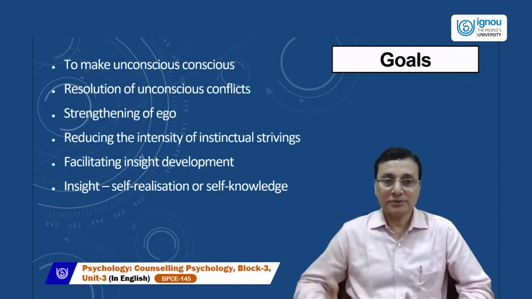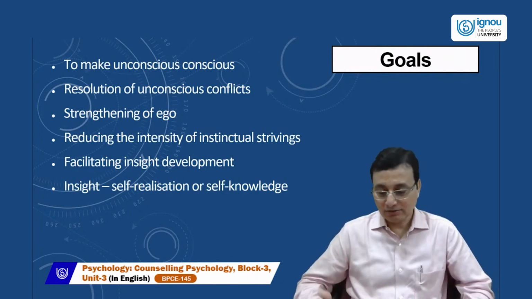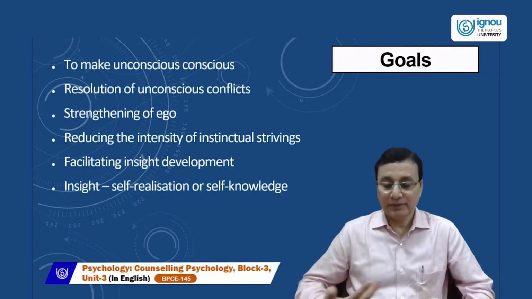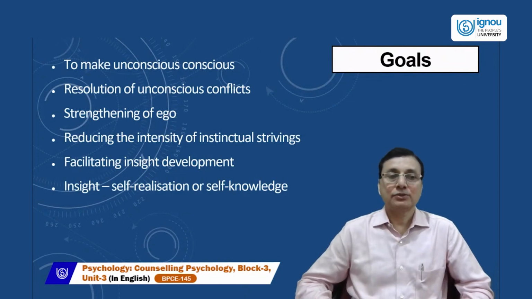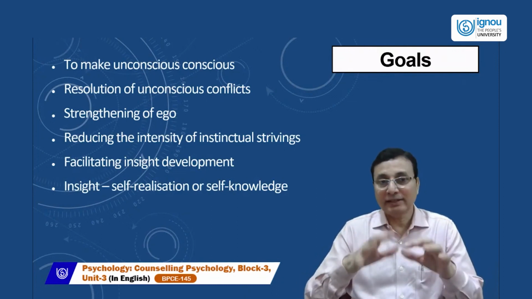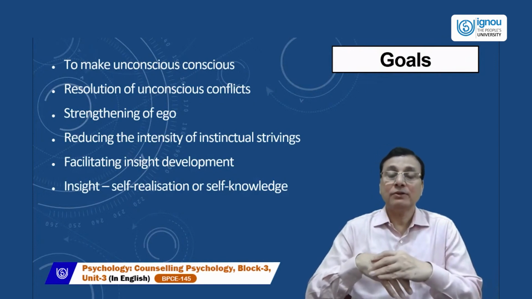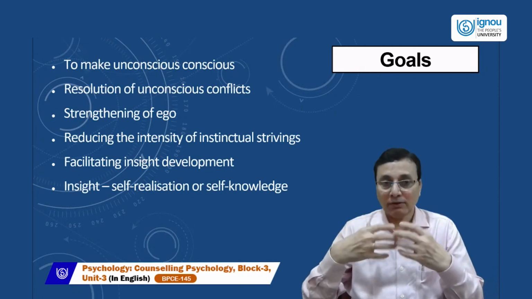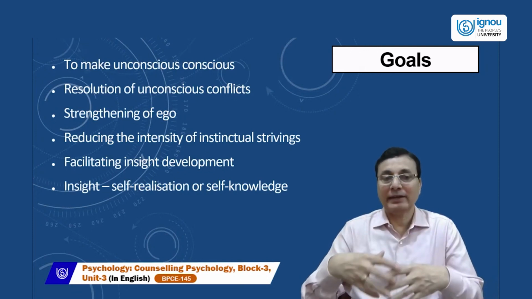There are lots of instincts, lots of desires and needs that try to come into consciousness to be fulfilled. So the goal of psychoanalysis is to reduce the intensity. Why? Because if they keep on coming into the subconscious, the person always feels threatened or anxious.